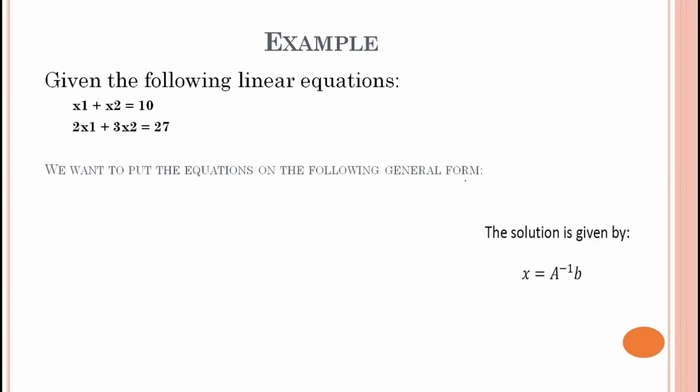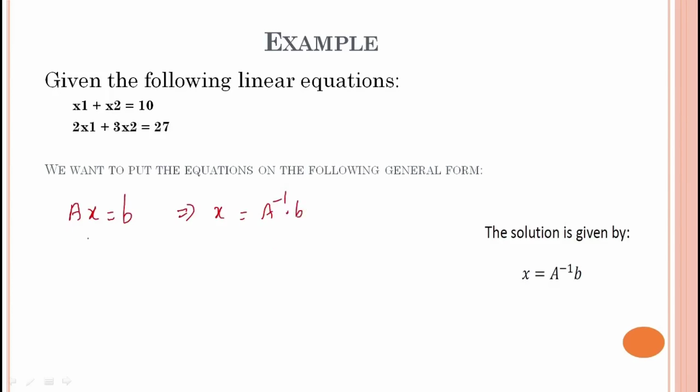Now you can see this particular linear equation. How can we represent it in the form of a two-dimensional array and vectors? So consider capital A. We are going to write this in the form of Ax is equal to b, and from here x is equal to A inverse dot b.